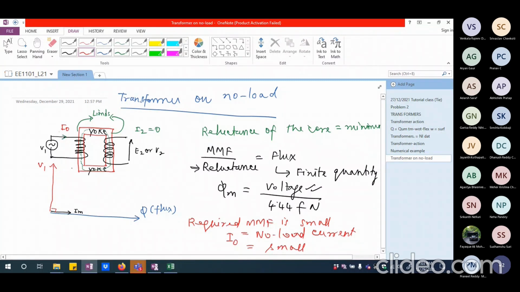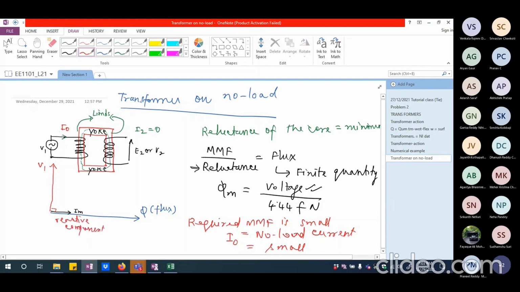That is because if I am looking at the real component of current, whether it will draw any real component of current, because this is the inductive or reactive component of current.